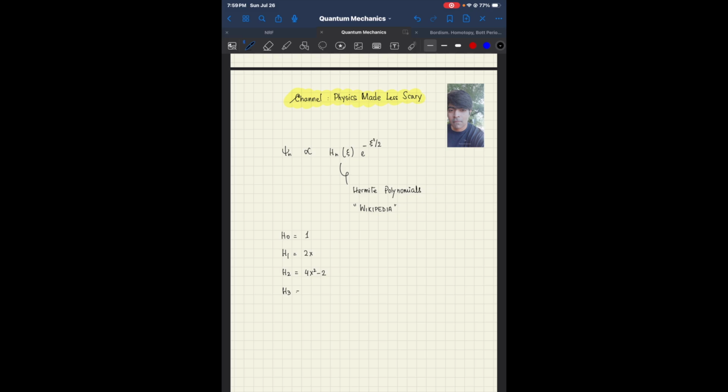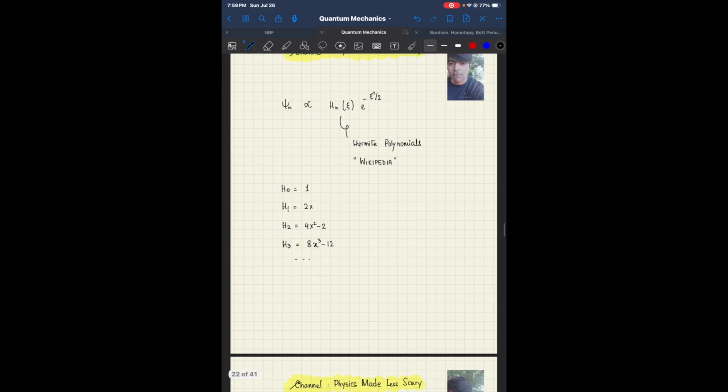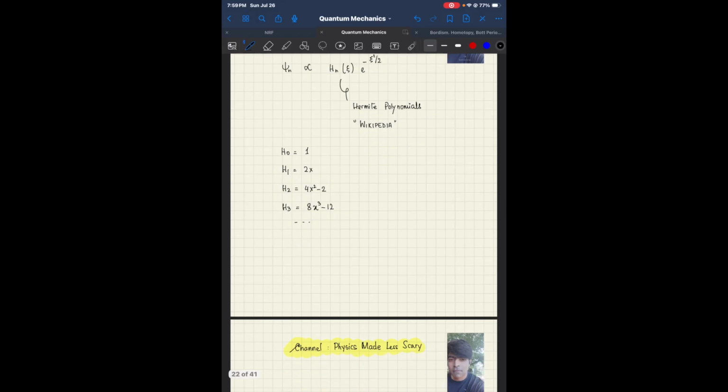H3 is 8x cubed minus 12x, and so on and so forth. Okay. There is a Rodrigues formula for H_n(x) that you can look up on Wikipedia, or maybe I can discuss it next time we are studying together.